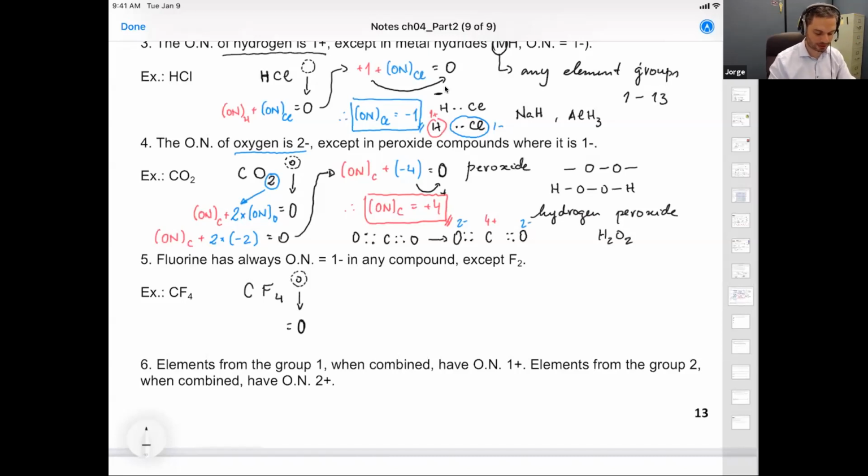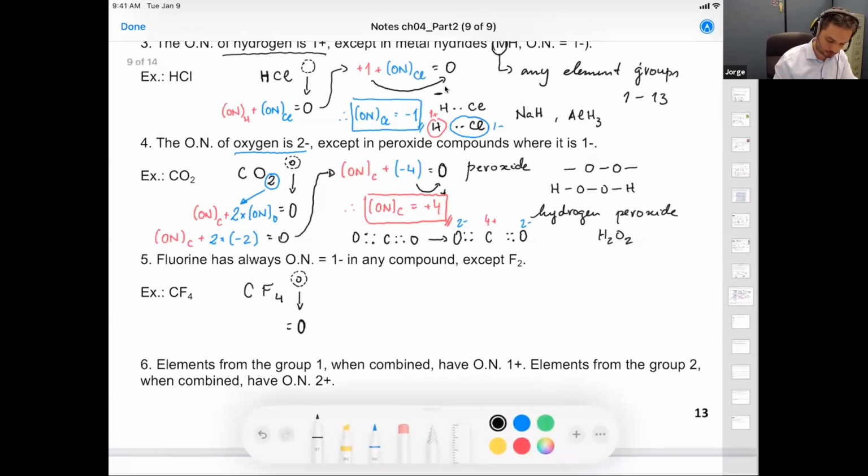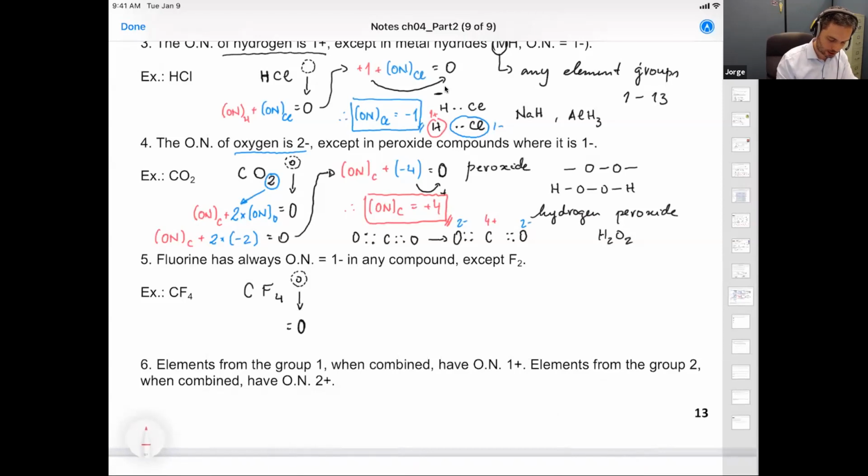So that's the first thing we will write. We know that this compound is formed by 1 carbon and 4 fluorines. So let's write that. And we know that the sum of the oxidation numbers has to be 0.